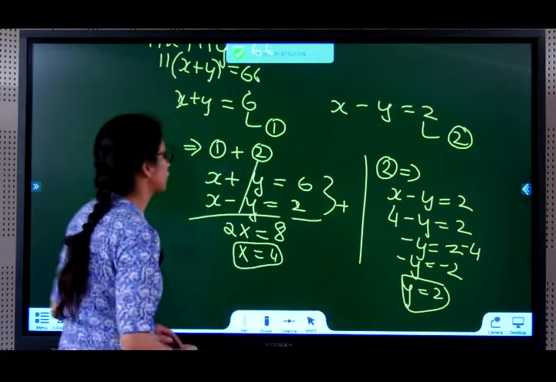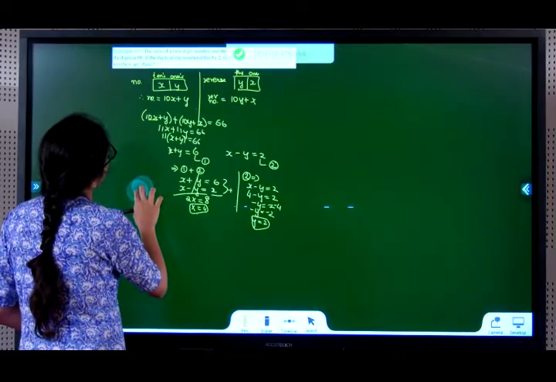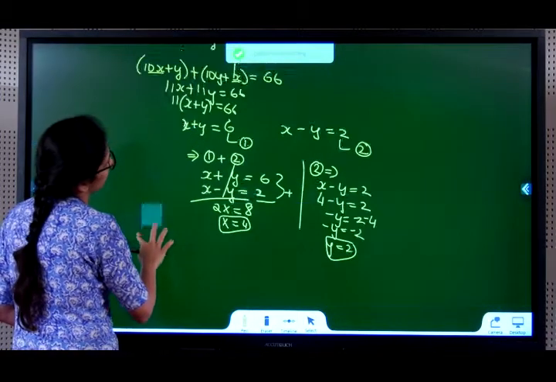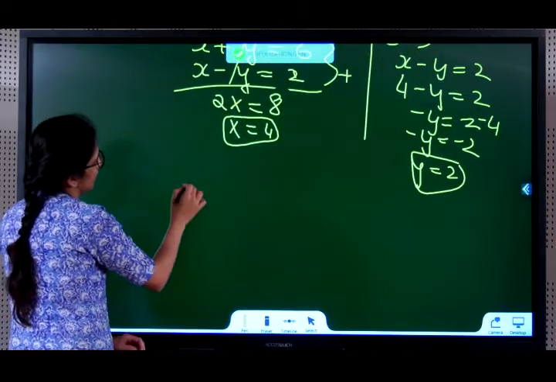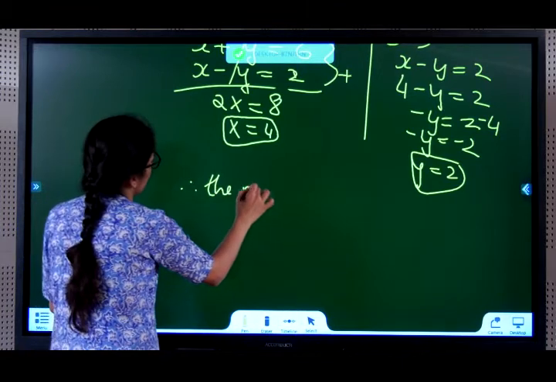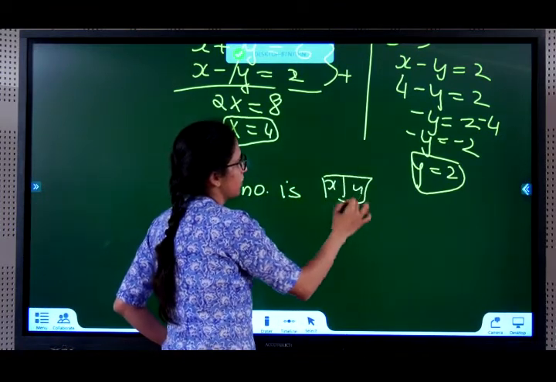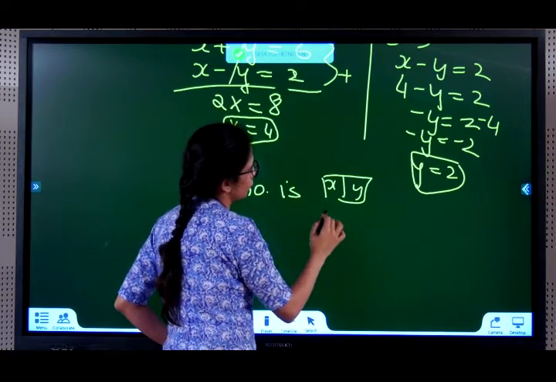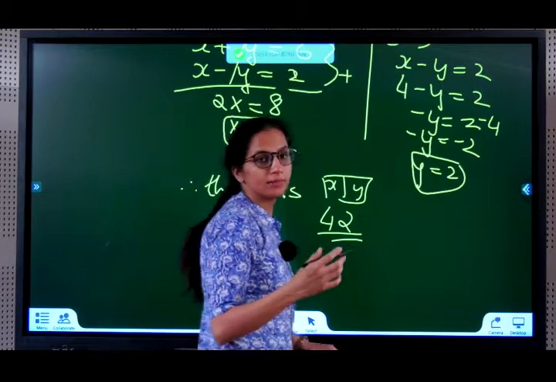So therefore they have asked to find the number, right? What have they asked us to find? What is the number? Therefore, the number is x and y, right? What is x? 4 and y is 2. So 42. Here they have told us the digits differ by 2.